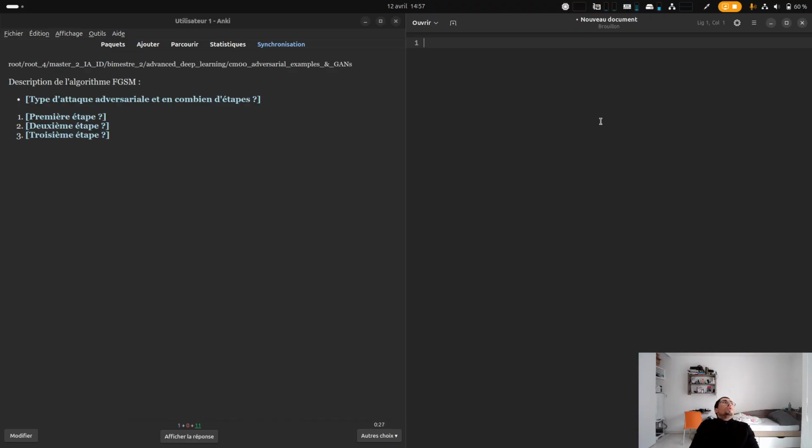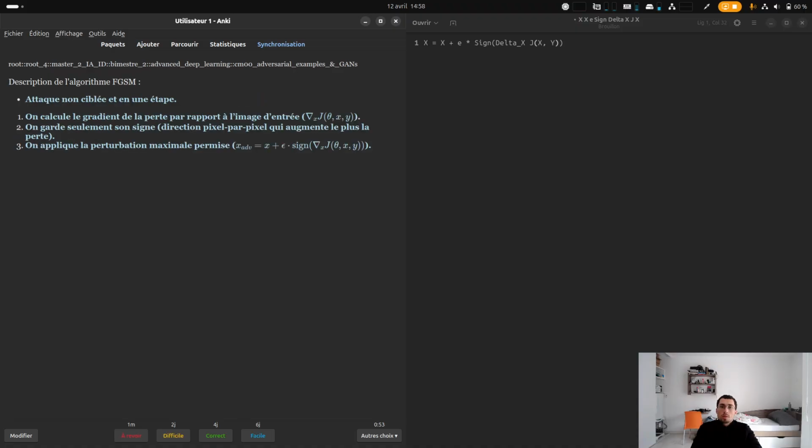You keep only the sign of this gradient, and then you replace x with x plus epsilon times the sign of the gradient of the loss with respect to x.